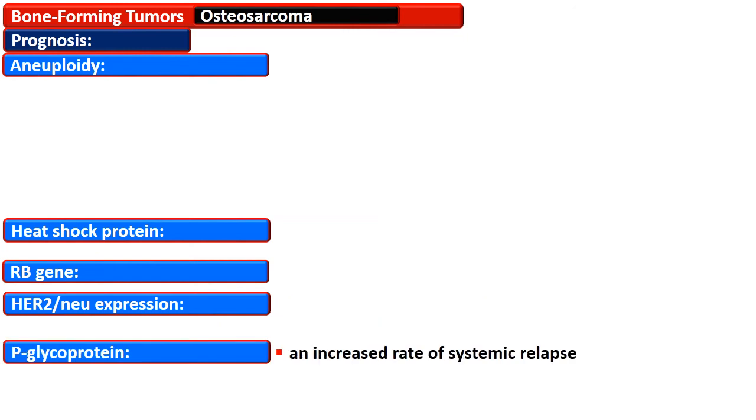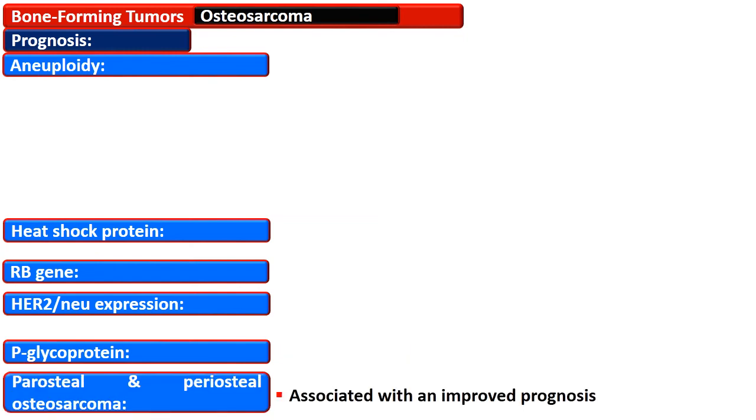Expression of P glycoprotein in tumor cells at the time of diagnosis is associated with increased risk of systemic relapse, while parosteal and periosteal osteosarcoma are associated with an improved prognosis.